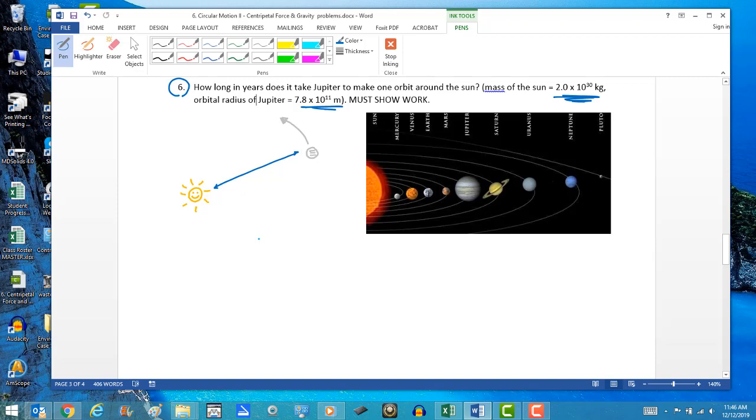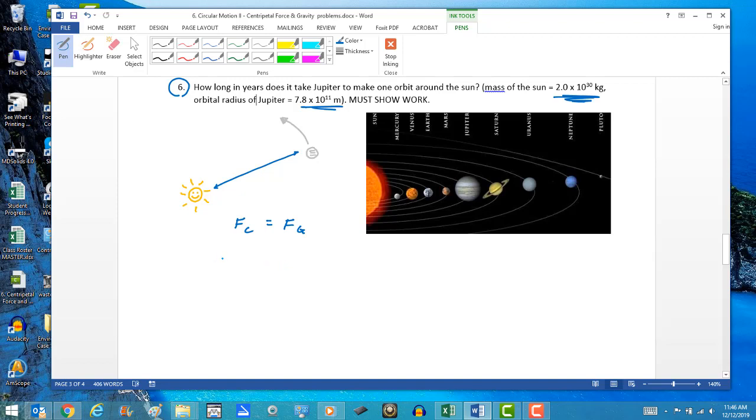That is the centripetal force. So the string, quote unquote, attached to the Sun that holds Jupiter in its orbit is gravity. So we're saying that the centripetal force is the same as the gravitational force, and that is the trick we can use in solving a problem like that.